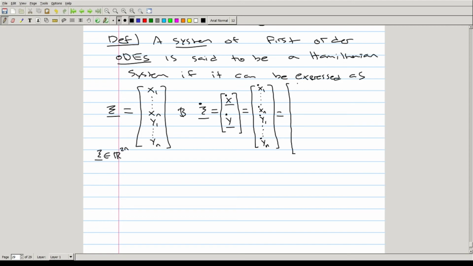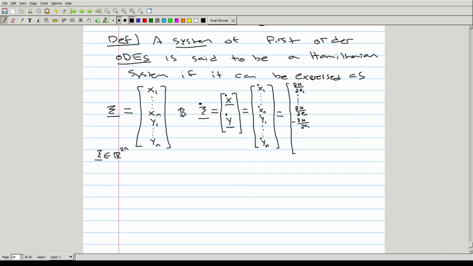So if we have a function called the Hamiltonian, where x1 dot is the partial derivative of H with respect to p1, all the way down to xn dot, where xn dot is the partial derivative of H with respect to pn, and y1 dot is negative the partial derivative of H with respect to x1.